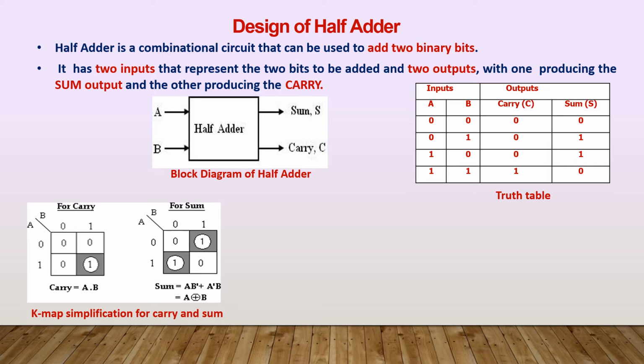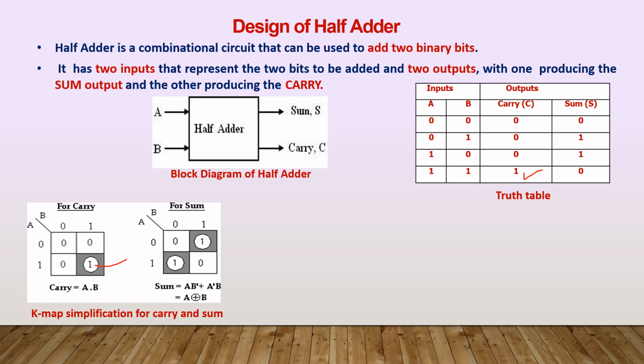We have to see the column where carry is equal to 1. Here carry is equal to 1 for the combination 1, 1. So A is equal to 1, B is also 1. That represents this square, so you can represent it as 1. Now we can group these squares, since it has only one representation.